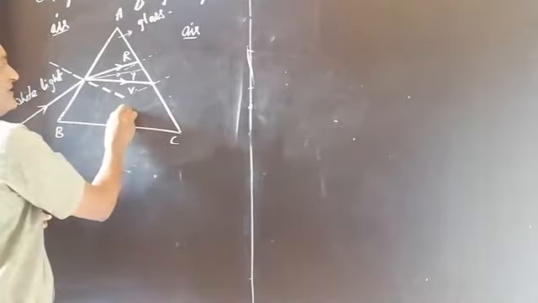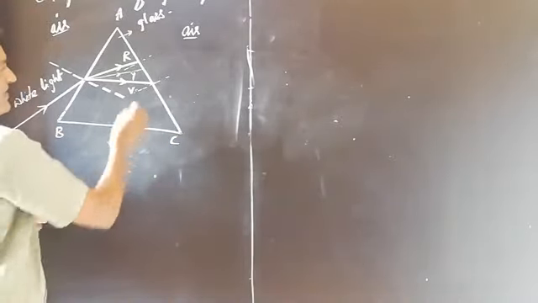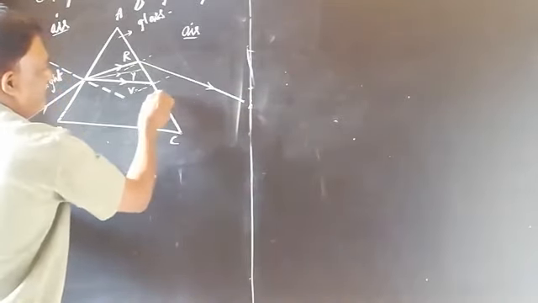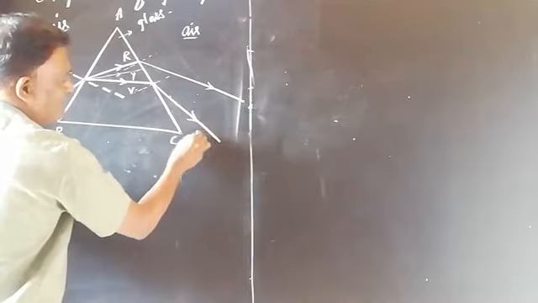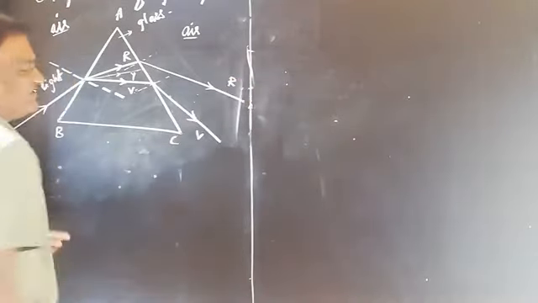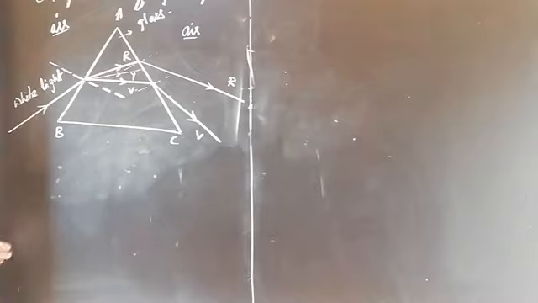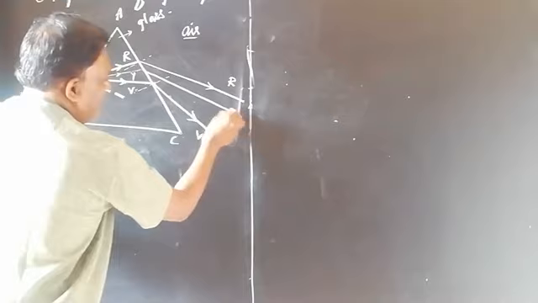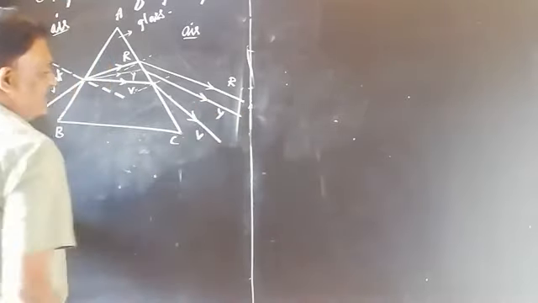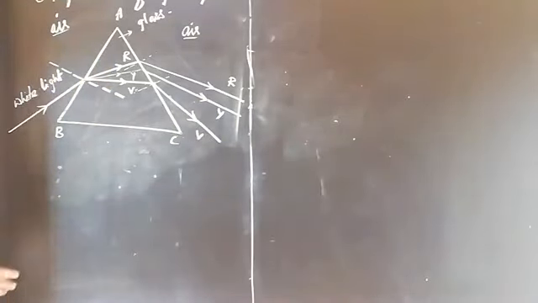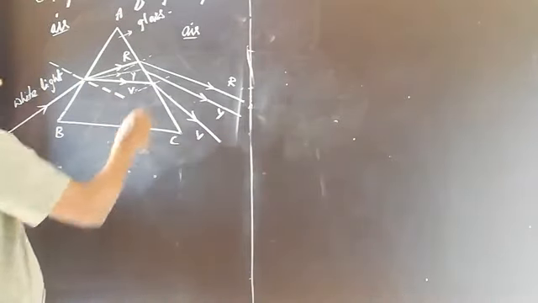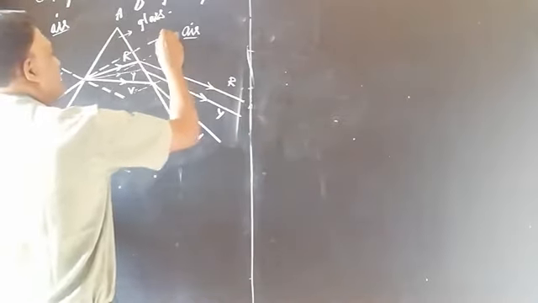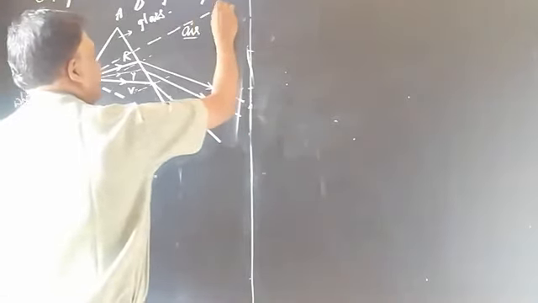Light traversing from denser to rarer medium after refraction bends away from the normal. So violet bends most, red bends least. Yellow color lies somewhere in between violet and red. If the prism would not have been in the path of light, light would have travelled straight according to rectilinear propagation of light.